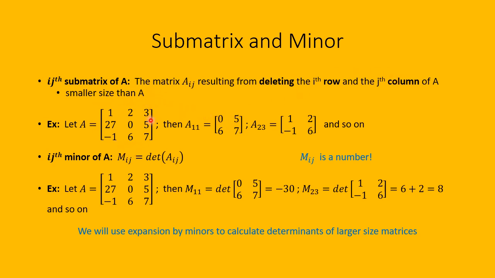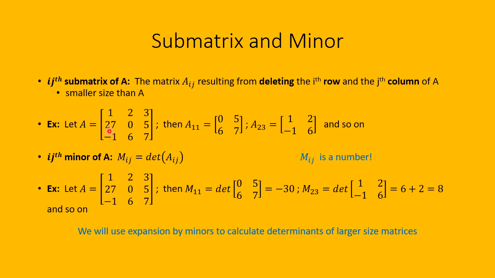So let's look at an example. Let's consider this 3 by 3 matrix. Let's look at the submatrix A sub 1, 1. To get that, we're going to delete this row, 1, 2, 3, and we're going to delete this column, 1, 0, minus 1.